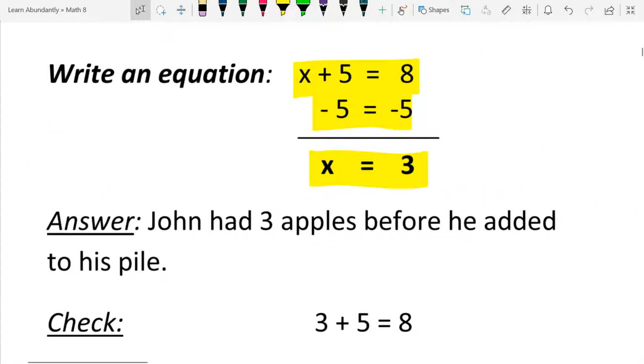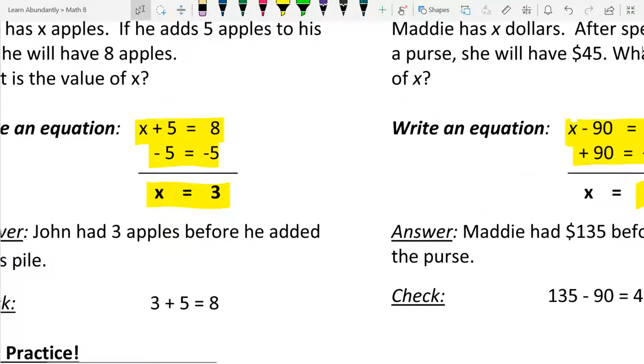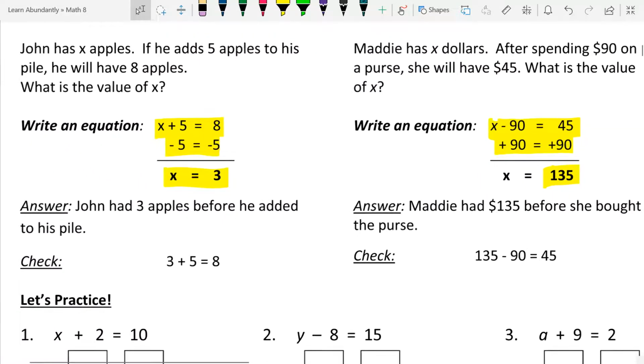So John had 3 apples. Maddie had $135 before she bought the purse. And we can check that by plugging our answer that we got back in. So when we check, that means we go back to our original equation, which was X minus 90. And we say, well, if she had 135 before, if we subtract 90, then we should get 45.